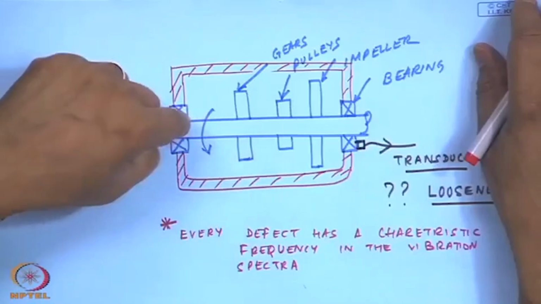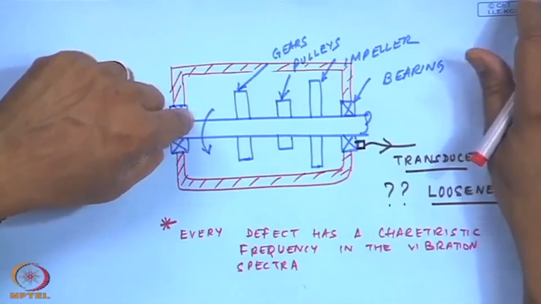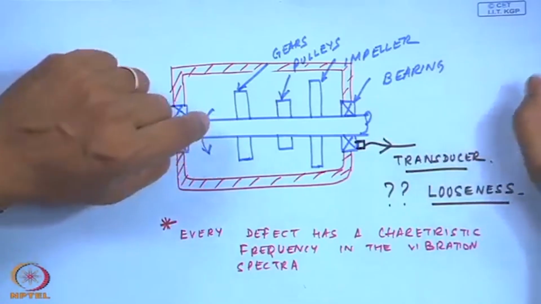We'll talk about fluid machineries, particularly fans, blowers, pumps, turbines, how the vane pass or the blade pass frequency shows up in the frequency spectra. Similarly, the question is what happens because of looseness and then how do we detect them.